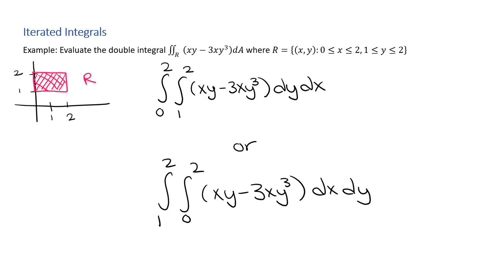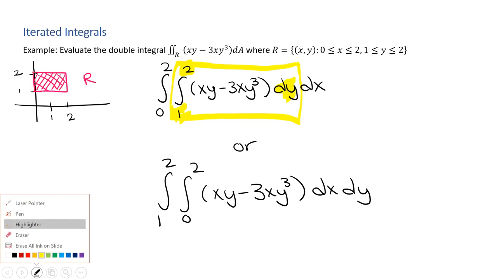The thing I really want to point out here is that you can think of this as a nested set of integrals. When we do the computation, there's an inside integral we're going to do first. The bounds of integration on the inside integral symbol go with, in this case, the dy.